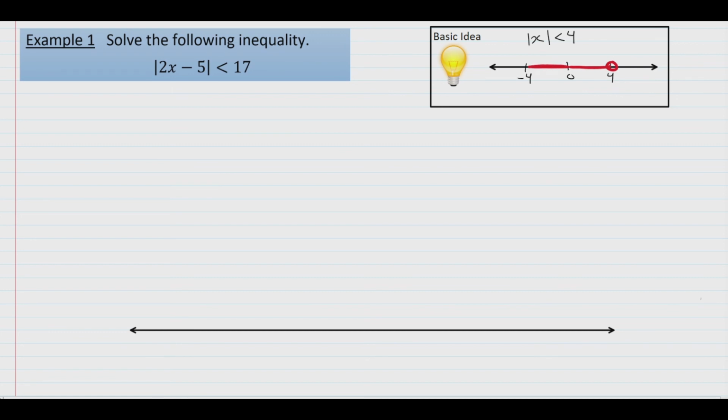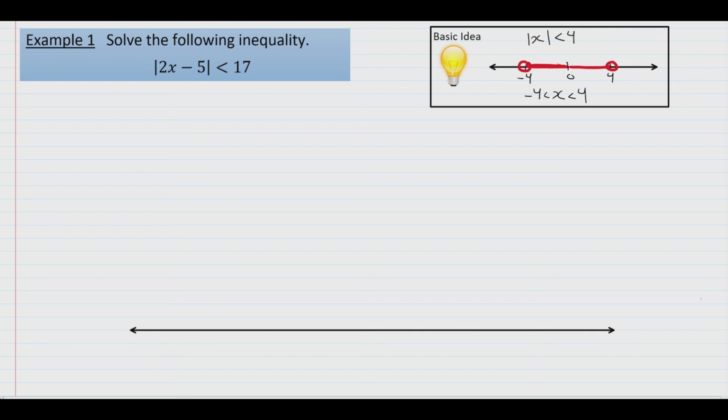If you think about these numbers, their distance from 0 is also less than 4. Looking at our number line here, we see that if we want the absolute value of x to be less than 4, that is, if we want x's distance from 0 to be less than 4, we can choose any x values between -4 and 4.